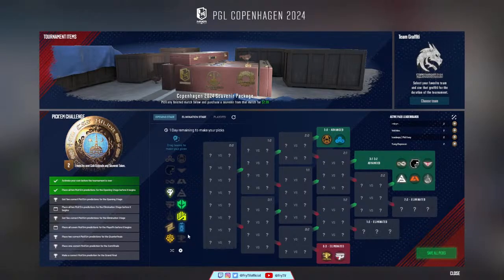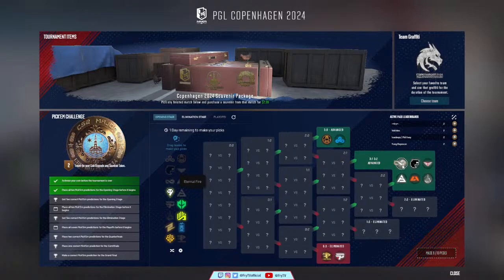Because here could be Lean Vision, I think, Pain, and I think Legacy can be here. Truthfully, Imperial Sports can also end up in this bracket, but I think Lean Vision and Pain probably are the ones that will end up here. But then we're relying on, yeah, I don't worry too much about Heroic or, oh my god, why am I forgetting their names? Eternal Fire.